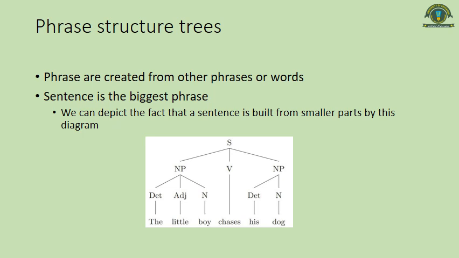So constituency relations are also important under phrase structure trees, to express the grammar and how these rules arrange the grammar of any language.